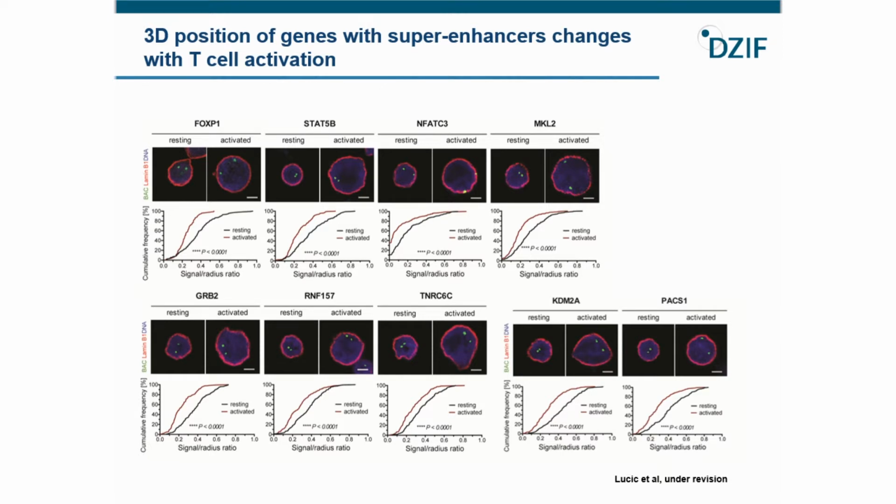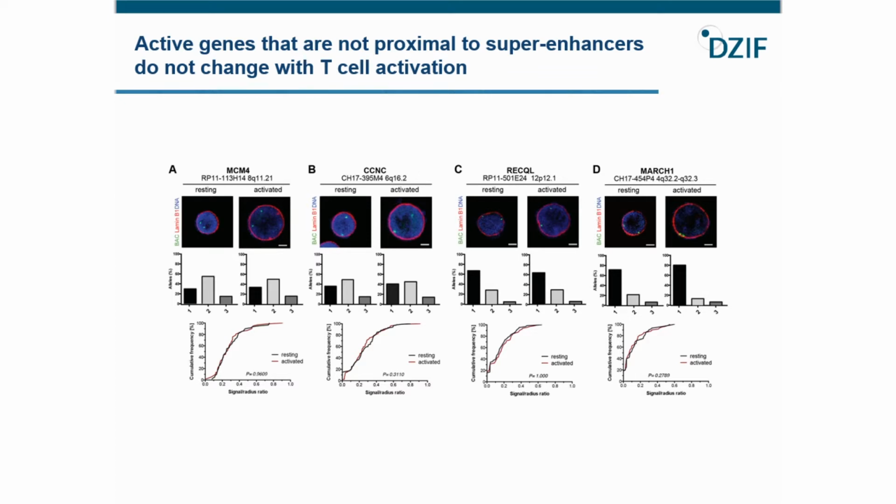And we observed that during the activation process of T cells, these genes are repositioned in the 3D nuclear space. So they move from the central nuclear position towards the outer shells of the nucleus. And this is statistically significant for all of these genes, whereas when we looked at active genes which do not have super enhancers, these genes do not move. They do not change their position in the 3D nuclear space.